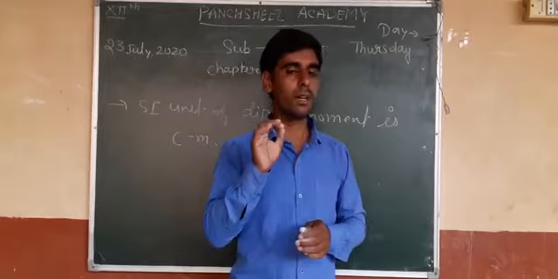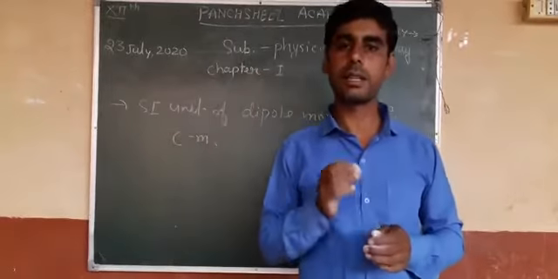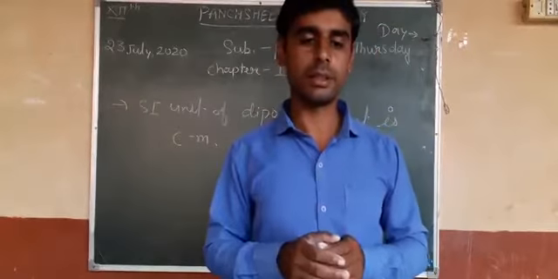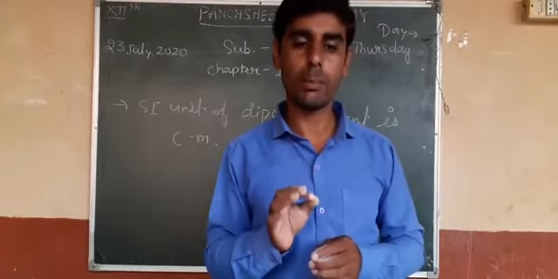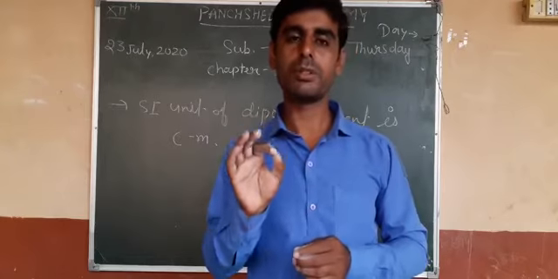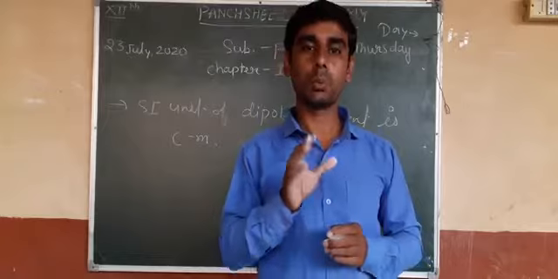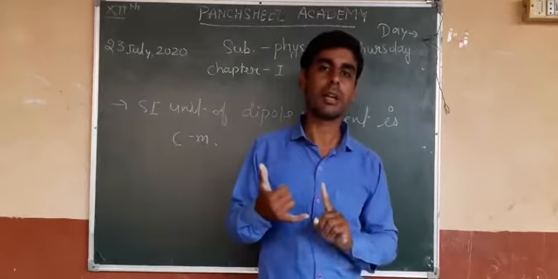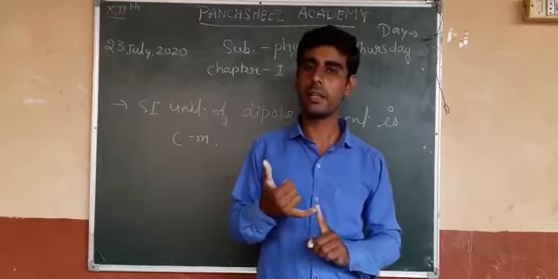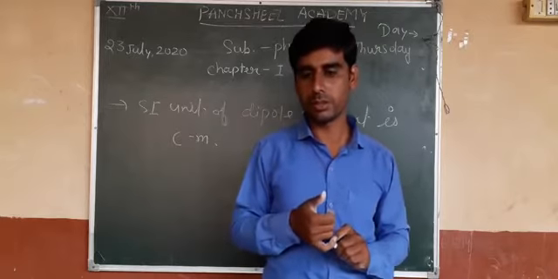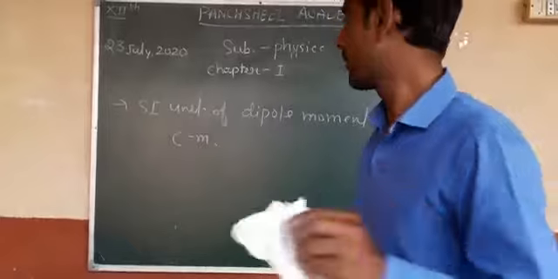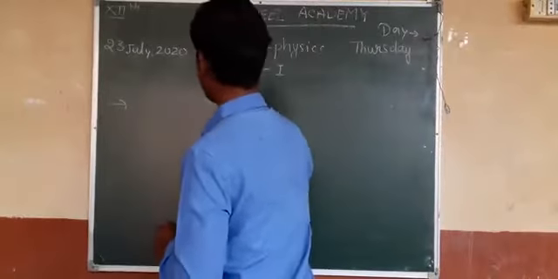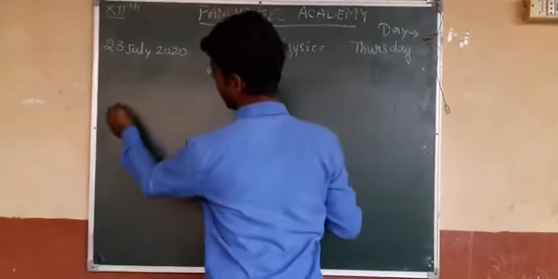Okay, one more thing, the electric dipole field. This is a very important topic. On the basis of this topic we can move on to the electric field due to a dipole at an axial point and the electric field due to a dipole at the equatorial position. So write: electric field of a dipole, or simply dipole field.